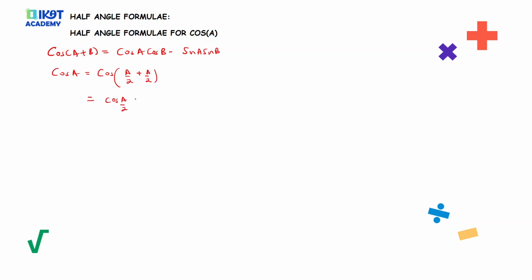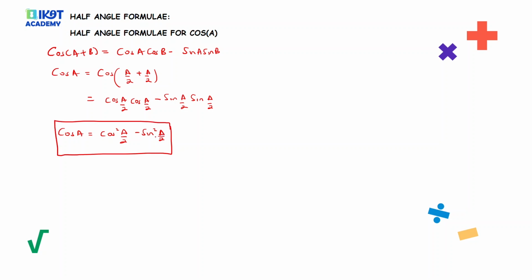So now we can expand. This will be cos A/2 cos A/2 minus sine A/2 sine A/2. So here we get cos A is equal to cos squared A/2 minus sine squared A/2. Now, as we said last time, from the double angle formula we can always generate more formulas.